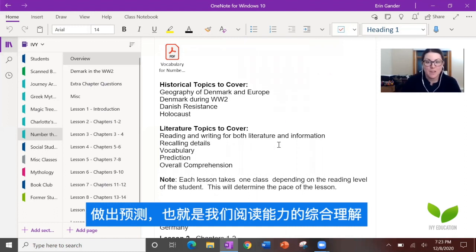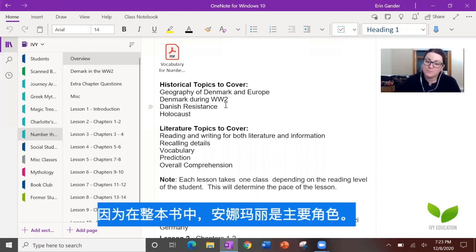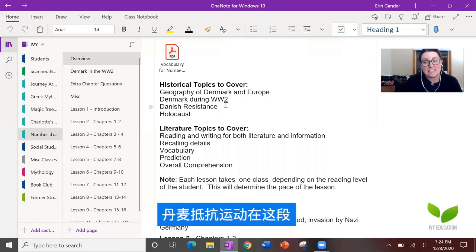For the historical topics, which we'll spend a little bit more time in class focusing on, because throughout the book, Anne-Marie, the main character, starts to pick up on lots of different things and activities that the Danish resistance was doing during this time period of the Nazi occupation.